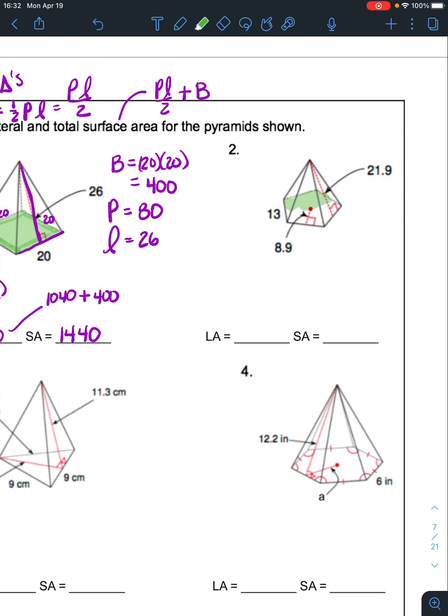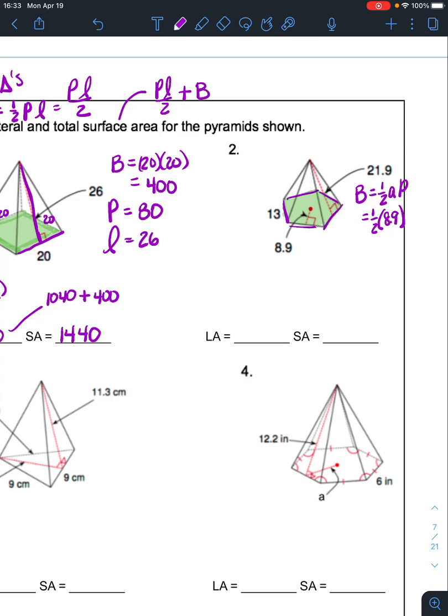So you've got all those triangles, and then in the middle of all those triangles, I have this pentagon. So I go, okay, well, to find the area of a pentagon, I need 1/2 the apothem times the perimeter. Well, you were given the apothem. So the apothem is 8.9. The perimeter would be, the side lengths are 13.